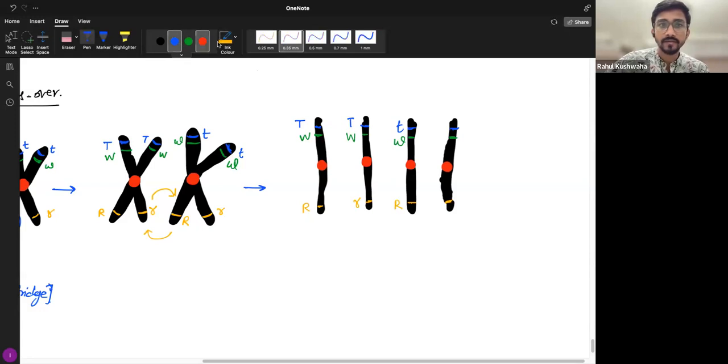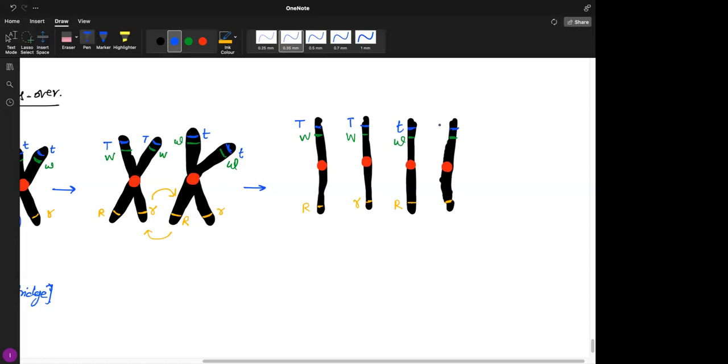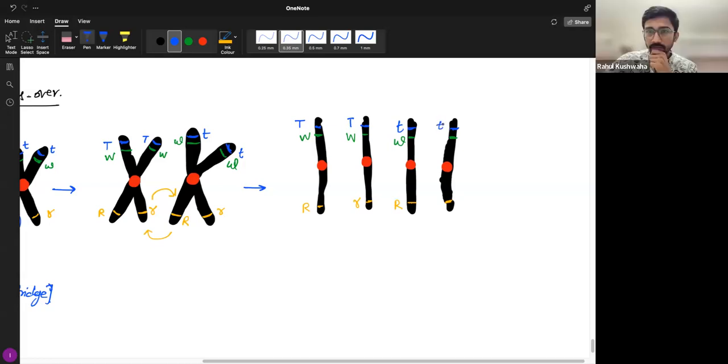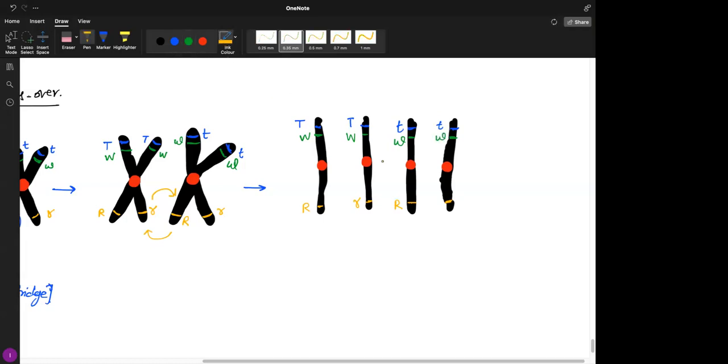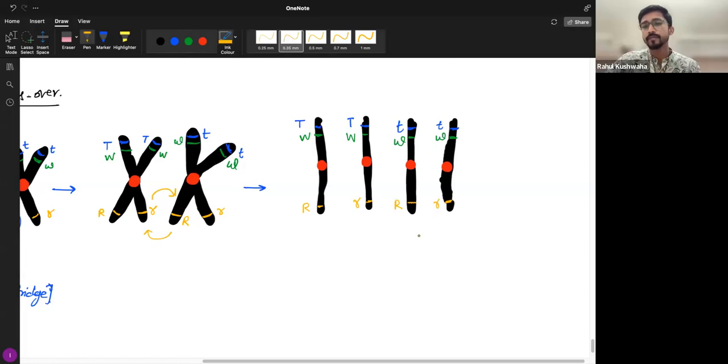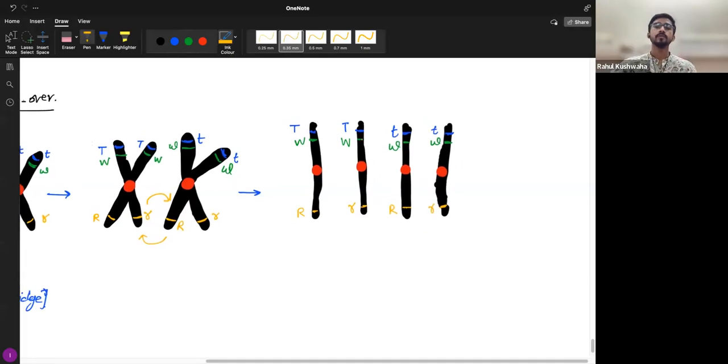Capital R, okay. And for the last one, Aisha, will you like to tell for the last one? Small t, small w, and small r. Perfect.